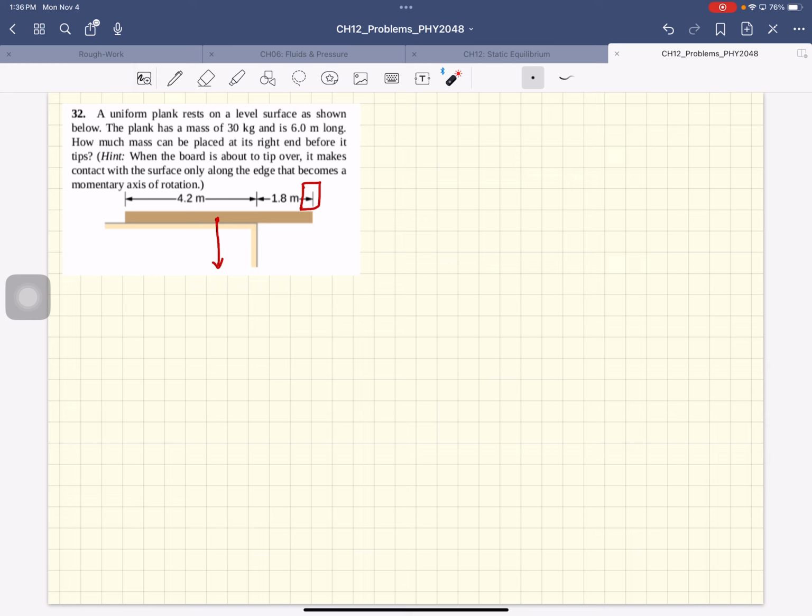And when this right edge is on the table's edge, how much mass will tip him over? An infinite amount. Nothing can tip it over. Okay, so those are the two limits.